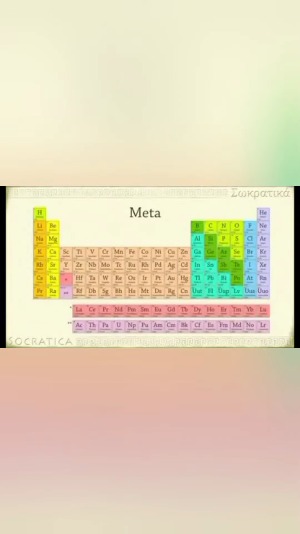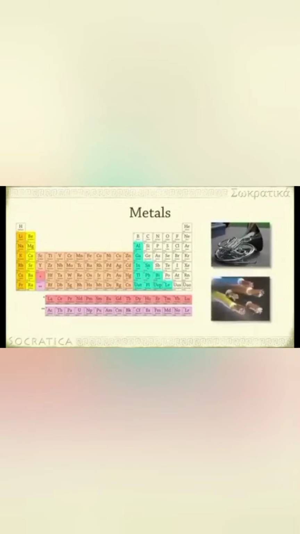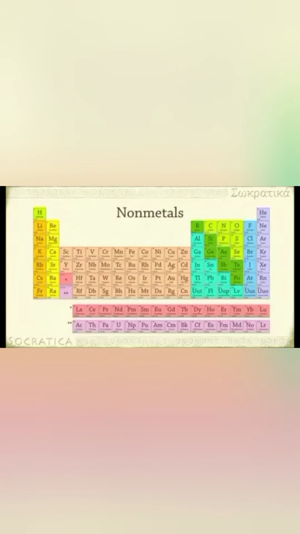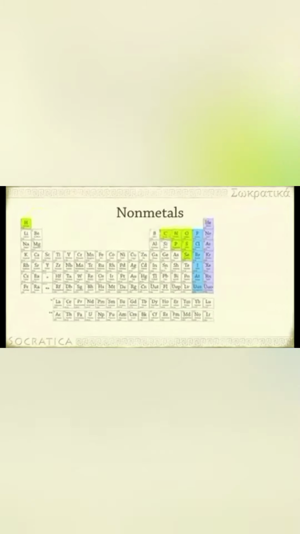Most elements are metals, and you can find them on the left and in the middle of the periodic table. Metallic elements are typically shiny and are good conductors of heat and electricity. Nonmetals are found on the upper right of the periodic table, except for hydrogen there on the left, which is also a nonmetal.